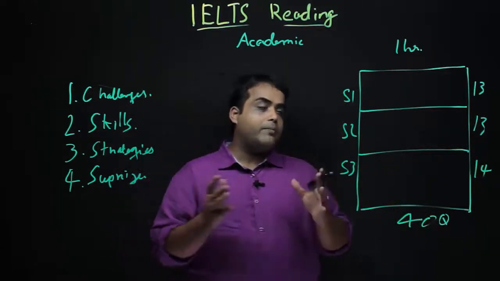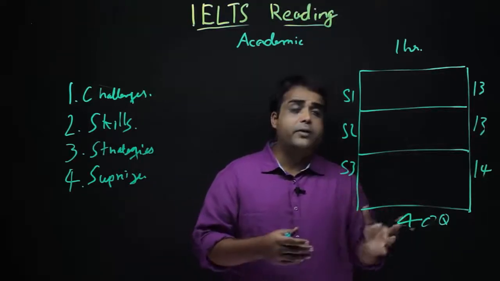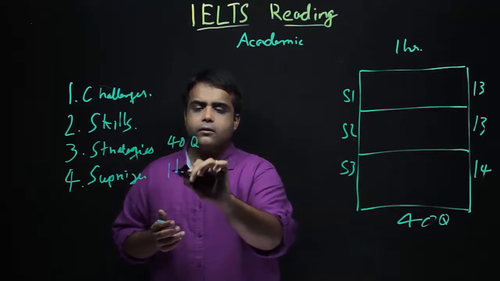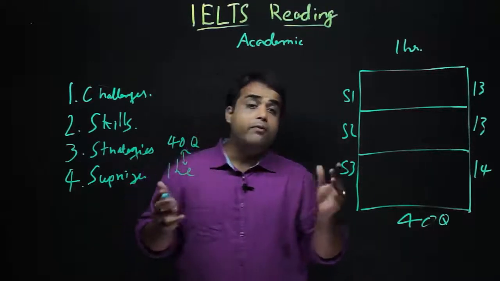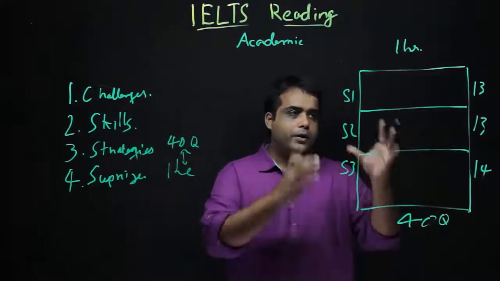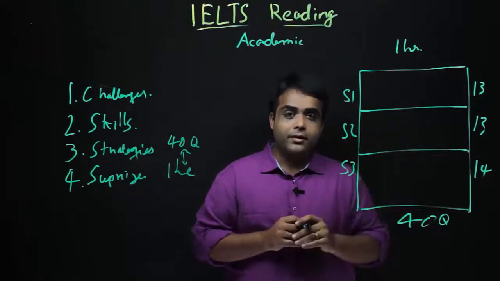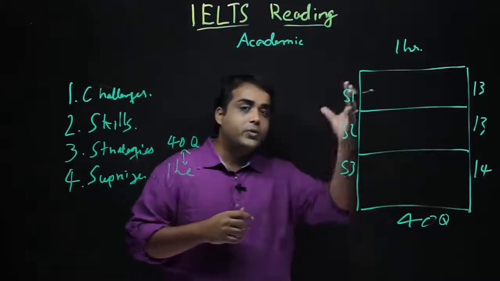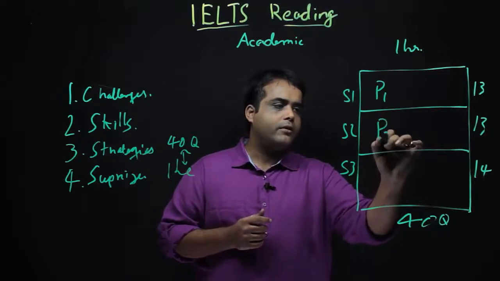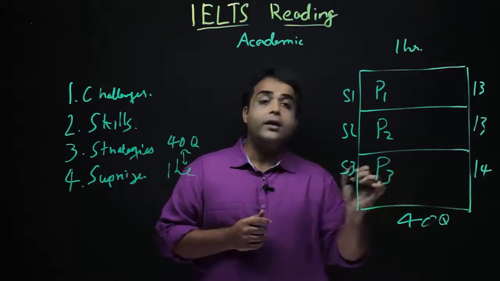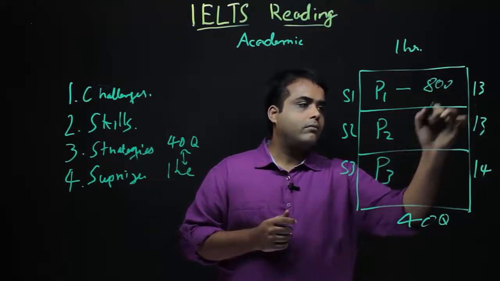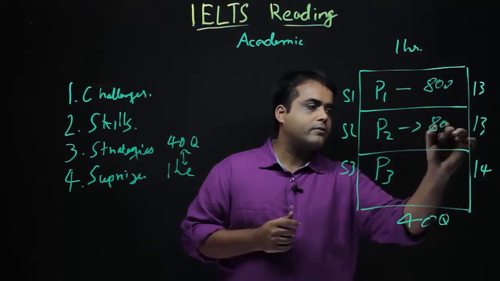One simple idea that might come to your mind here is that, okay, 40 questions, 1 hour, what's the big deal? I'll probably have more than a minute to solve a question, so not a big deal. Okay, but let me tell you, what lies in these sections is what really takes time. So what is within these sections? This section is going to have a passage, so do section 2 and section 3, and these are long passages.